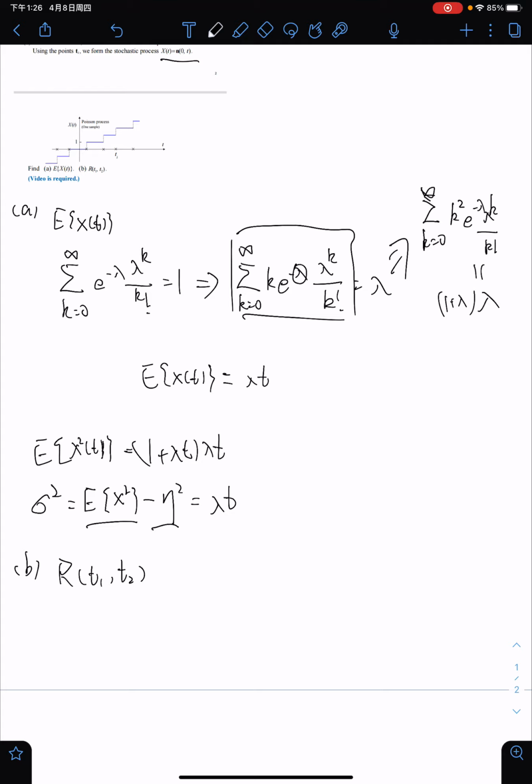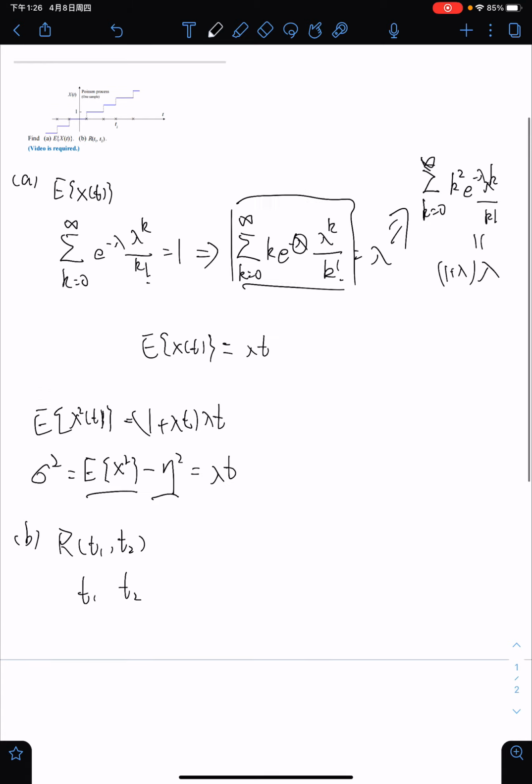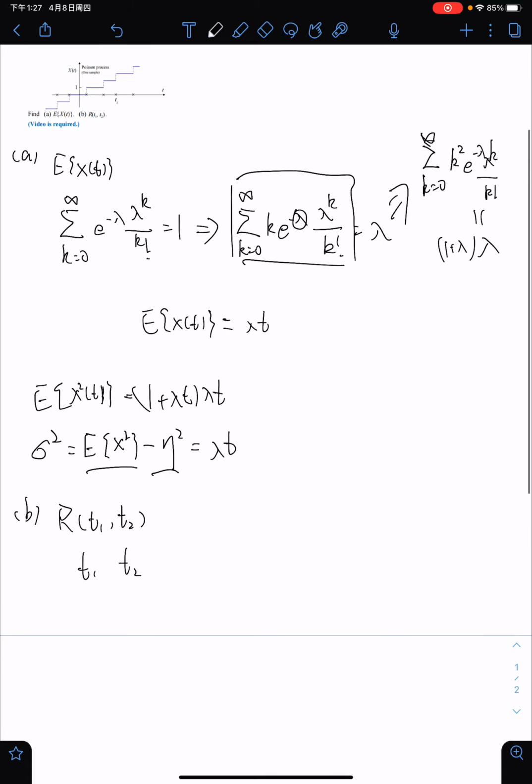Here we need to know which of T1 and T2 is bigger, so we will use two situations. The first is T2 is greater than T1.